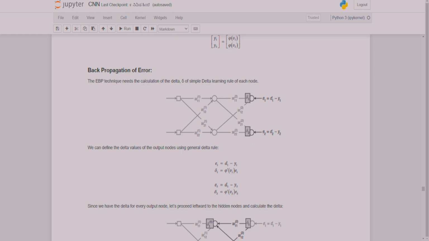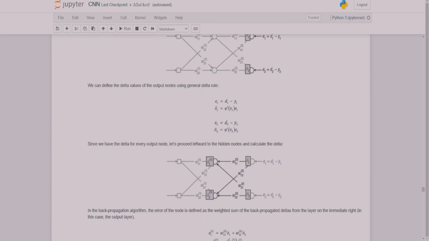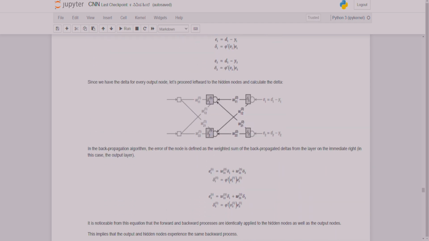In order to calculate those deltas, we need the errors. If we are able to calculate the errors over here, I can convert the errors into delta values, and this keeps propagating until we reach the input level. That was the fundamental idea, and we achieved it by using error back propagation.